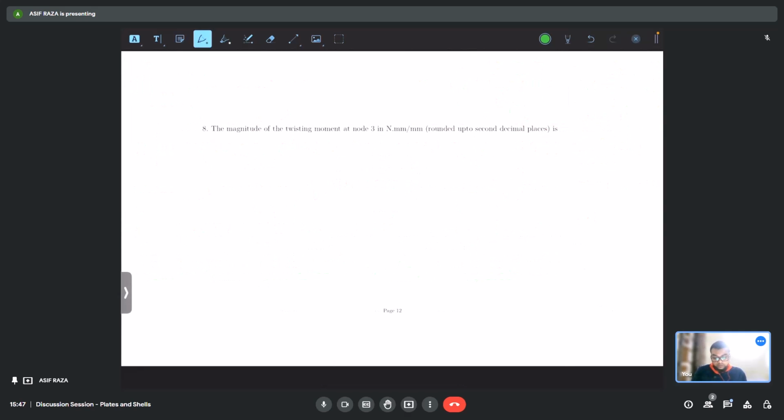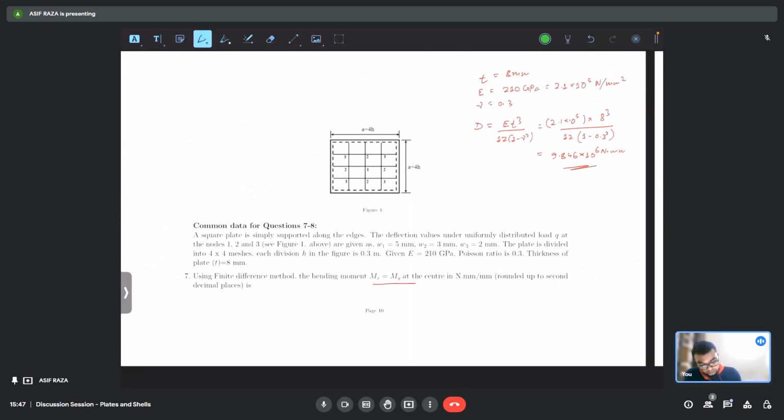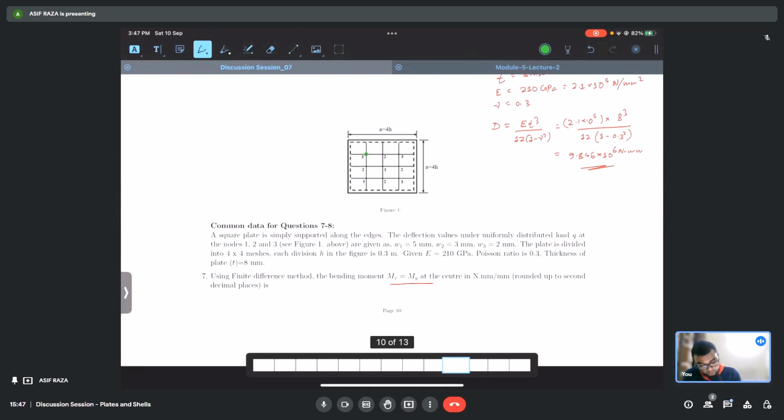Now for the last question of the session, we need to find the magnitude of the twisting moment at node 3 in Newton per mm. So at node 3, this is the one.